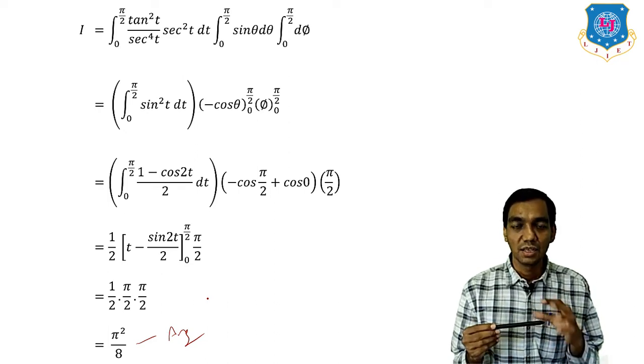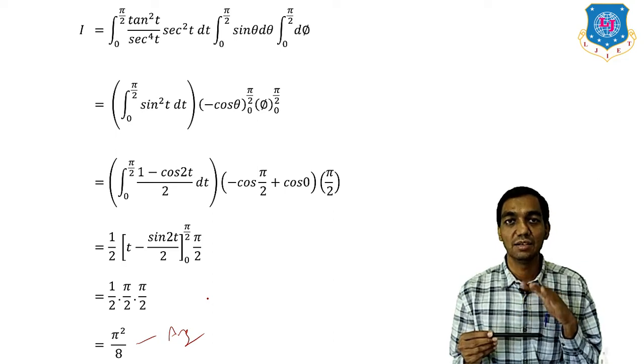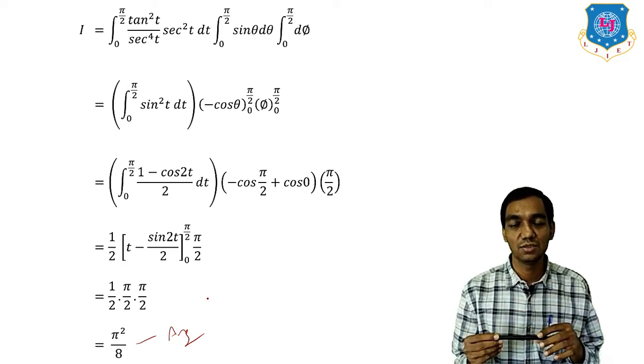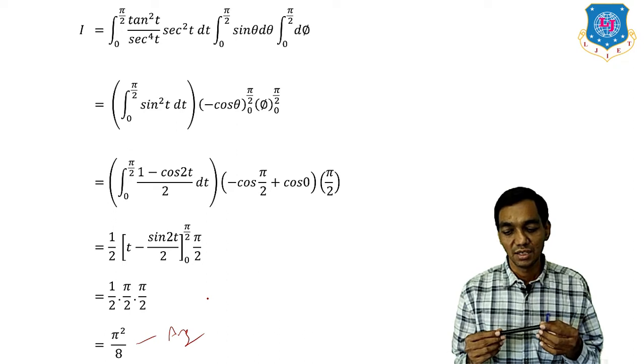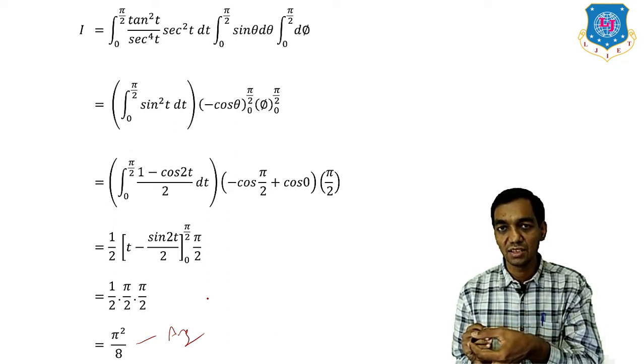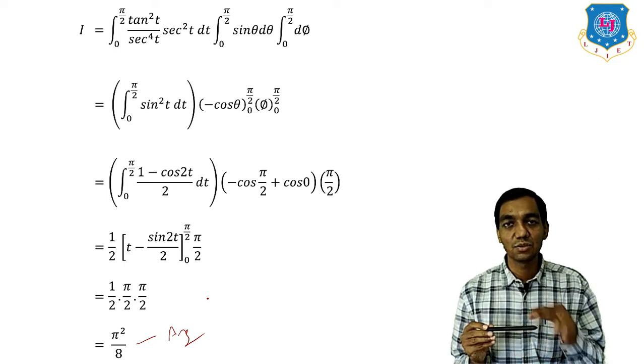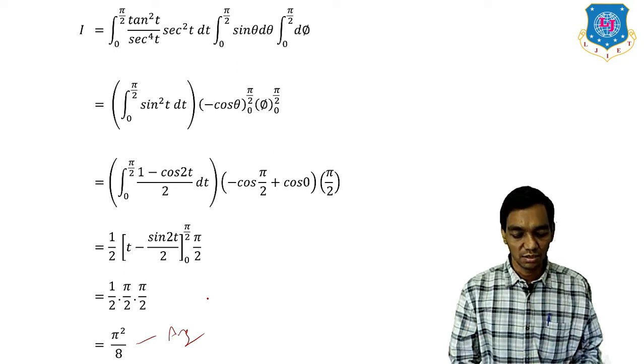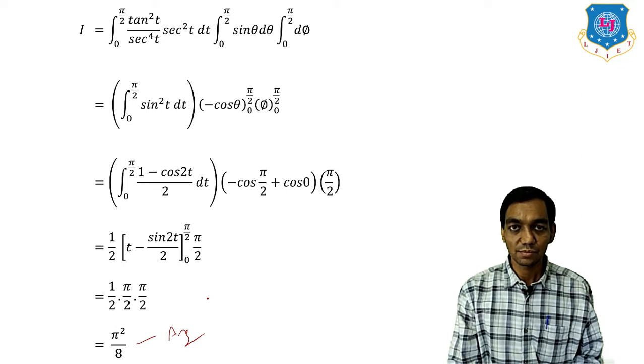And third, phi is the angle with the positive x-axis of the projection of the radius vector. That means in the xy plane, if this is the x-axis, then the angle with this positive x-axis is called phi. Okay, and it is the angle of the projection.